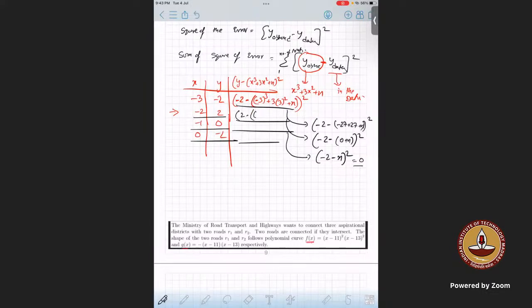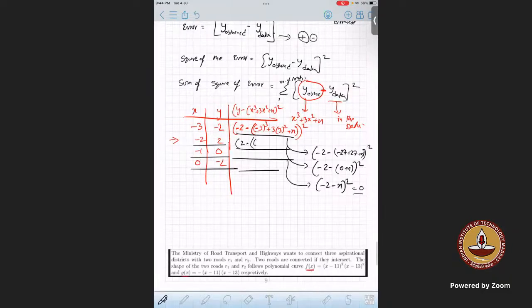Yeah, you can ask the doubt. This table is nothing but what I explained, the sum of squares of error.